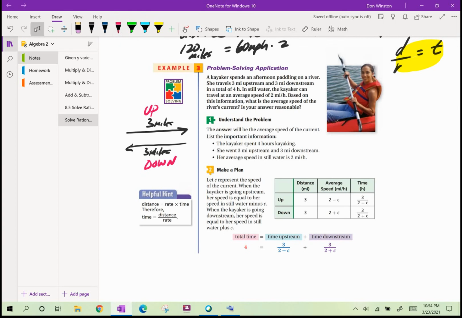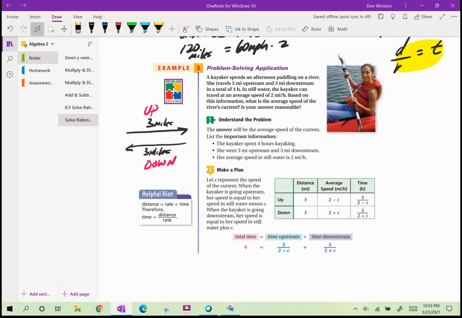Okay, so let's take a look at the important points. The kayaker spent a total of 4 hours kayaking. She went 3 miles upstream and she went 3 miles downstream. And the average speed in still water, that is with no current, is 2 miles per hour.